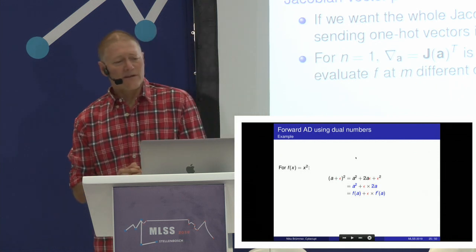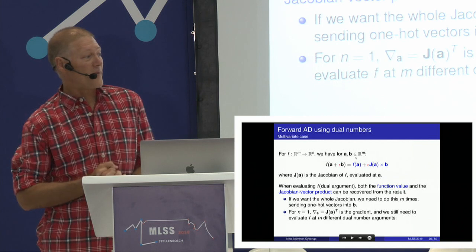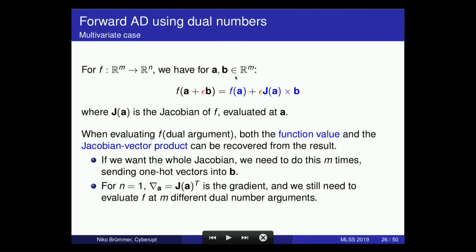For our applications, we're almost always going to be playing with multivariate functions that map m-dimensional vectors to n-dimensional ones. So in this case, things generalize in a straightforward way. If we send a dual number argument into the function, we'll get the function value in the real part of the answer, and we'll get the Jacobian.